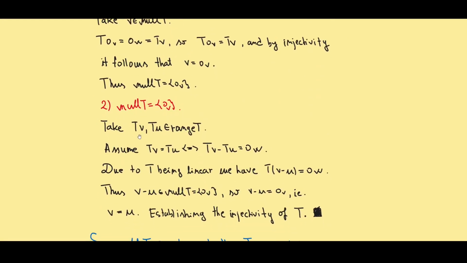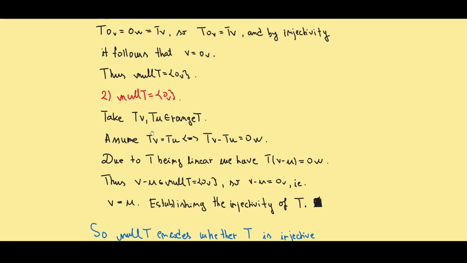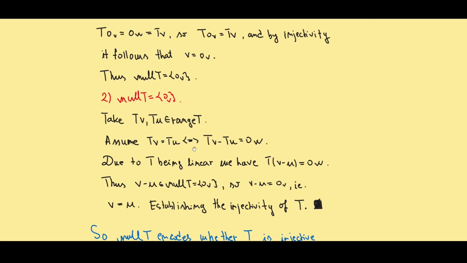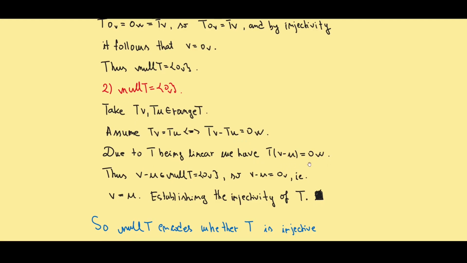So take Tv, Tu belonging to the range of T, and set them equal. From this equality, our goal is to get that v is equal to u. So we assume this, and this is equivalent to this over here. Now, due to T being linear, this is equal to this.